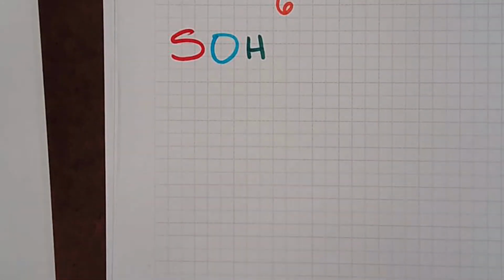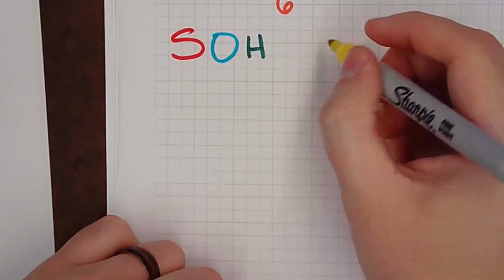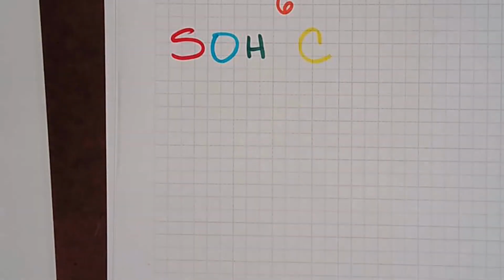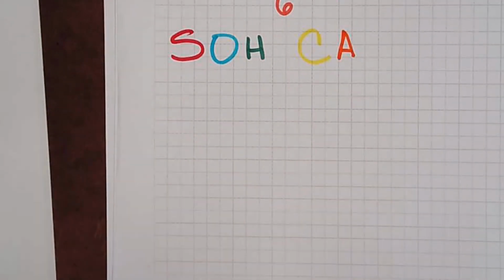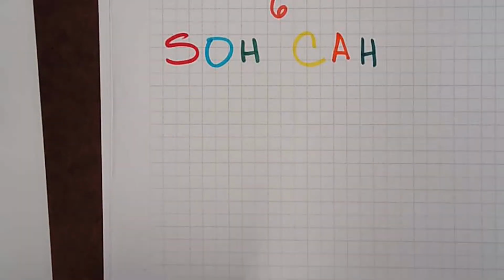And what does cosine start with? C. And cosine is what over what? Adjacent over hypotenuse. And tangent starts with what?